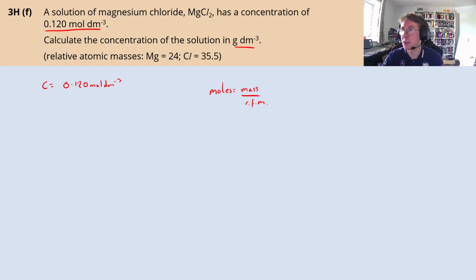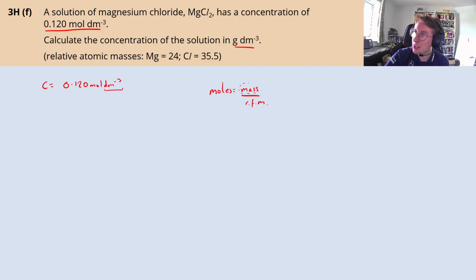But this time we've got the added complication of concentration, but it doesn't actually need to be overly complicated, because if you've got a certain number of moles in 1 decimeter cubed, which is what moles per decimeter cubed is telling us, you can figure out how many grams there are in 1 decimeter cubed by just converting using the equation we've got on the right hand side. So I'll show you what I mean.